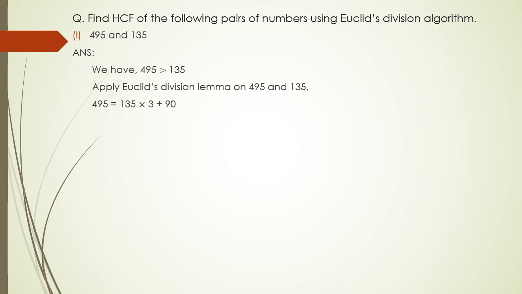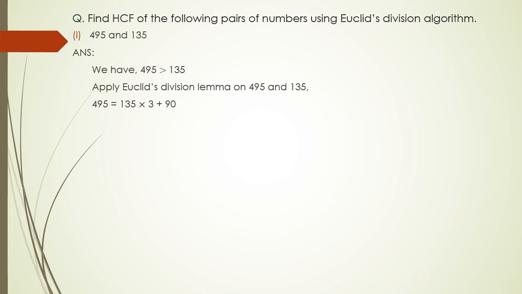That is, when we divide 495 by 135, the quotient is 3 and the remainder is 90. A very important thing here is that you have to write the numbers at the proper place. The dividend should be at its place, then you write the divisor, that is 135.